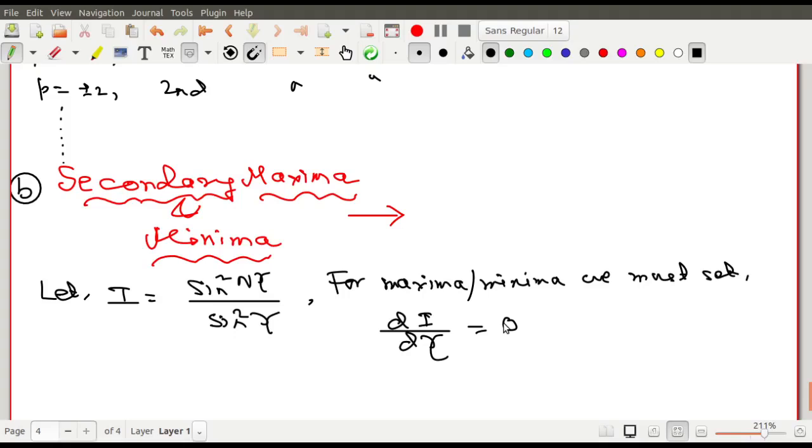Okay, so let us go for this derivative, the differentiation.